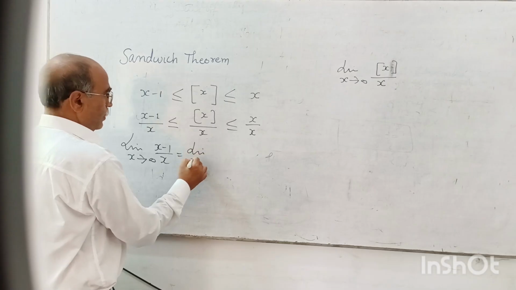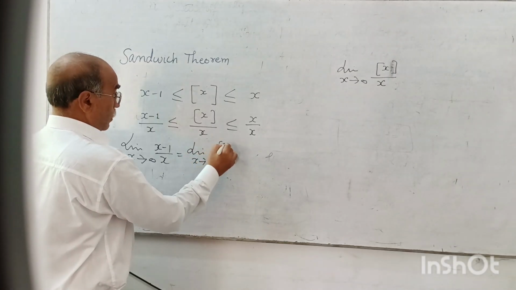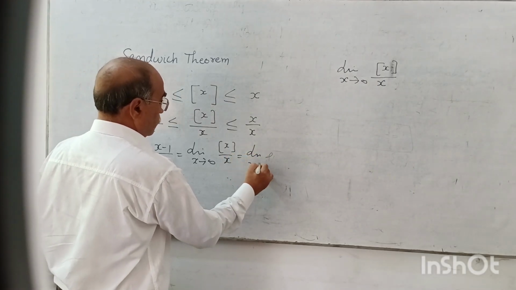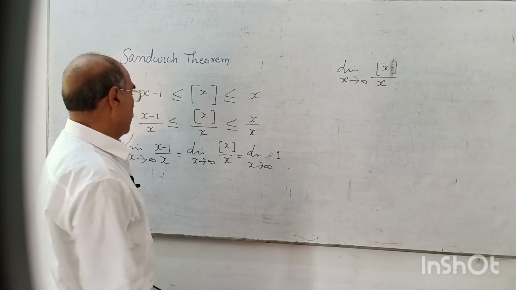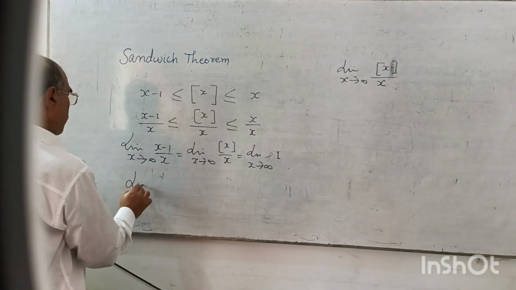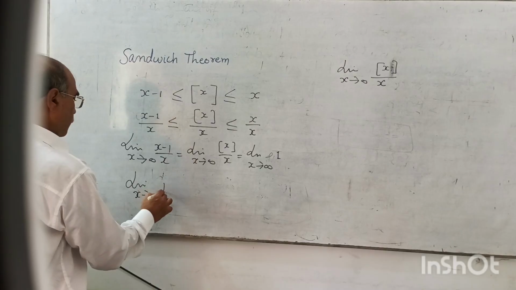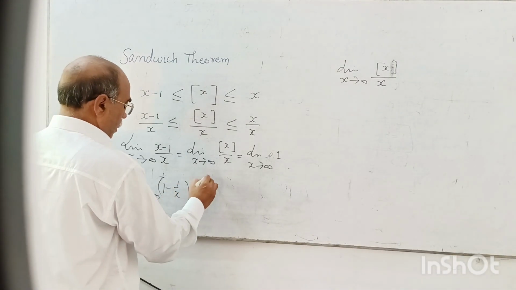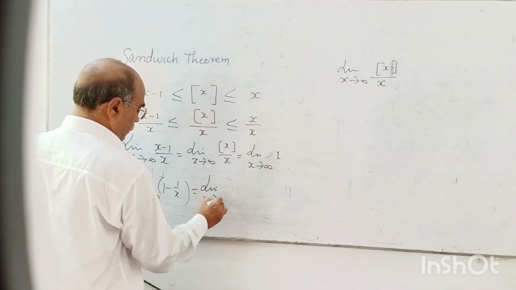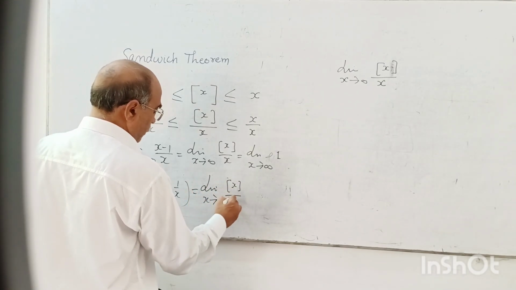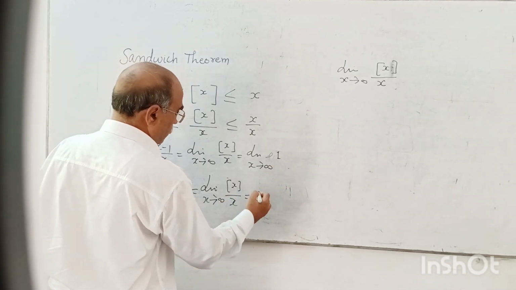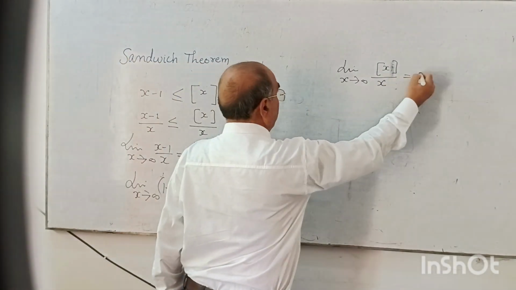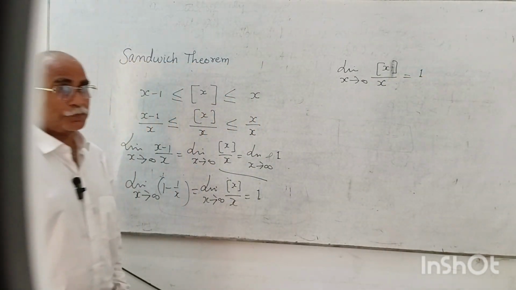The limit as x tends to infinity of greatest integer value of x divided by x is the same as the limit as x tends to infinity, that is 1. This can be written as the limit as x tends to infinity of 1 minus 1 upon x. At some places you will see it this way, and the limit of this function will be 1. So that's why we always say the limit of this function is 1. We treat this as a formula also.